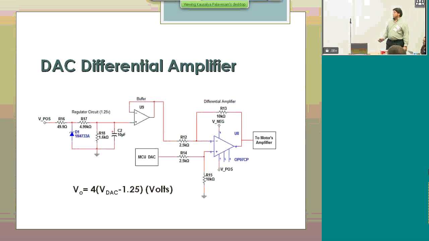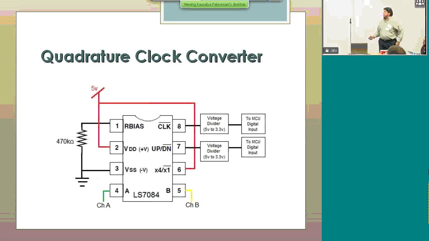So they need to shift it over, 1.25 volts, and it's 4 times the voltage that we need, because the motor works with -5 to 5 volts, so we have to convert to that.